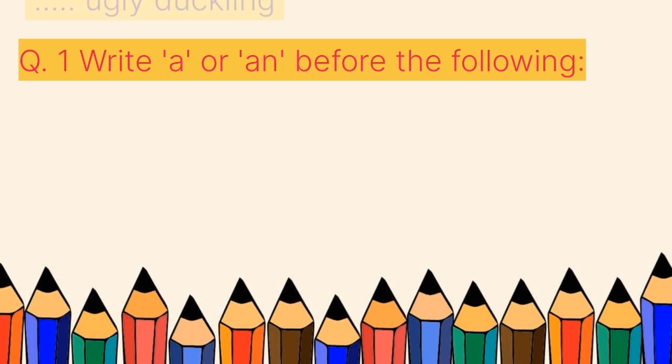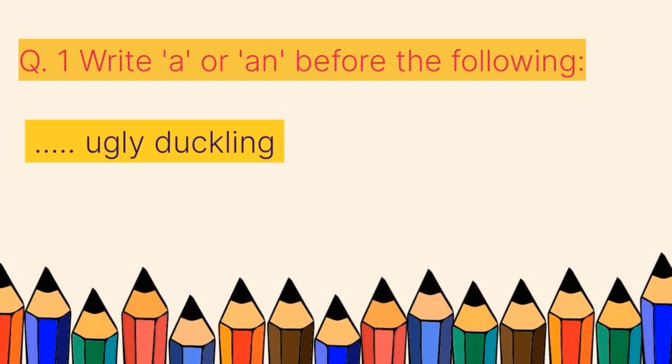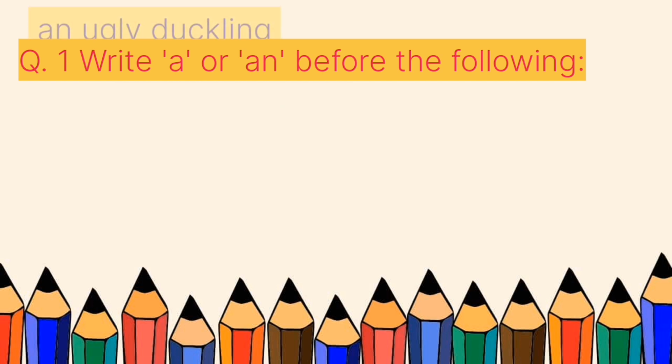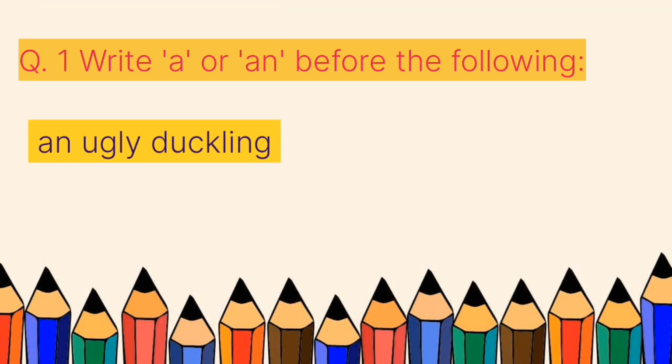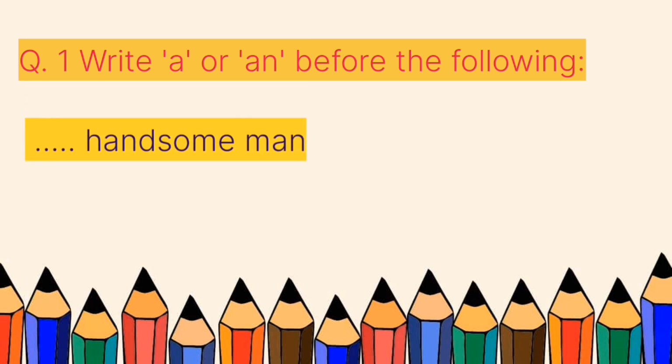Next, dash ugly duckling. The answer is an ugly duckling. The word ugly starts with the vowel sound U. So, the article an is used instead of a. Next, dash handsome man. The answer is a handsome man.